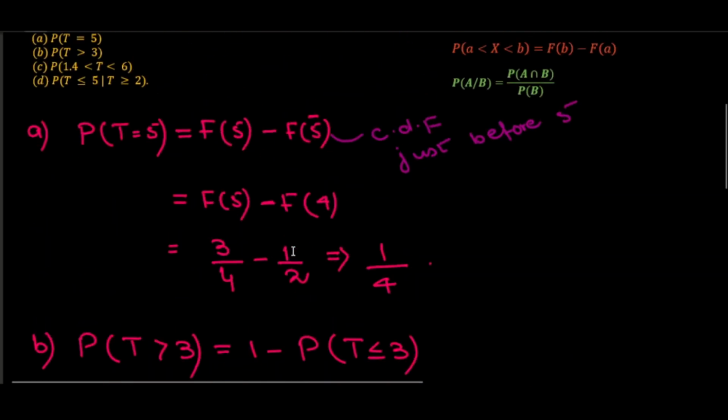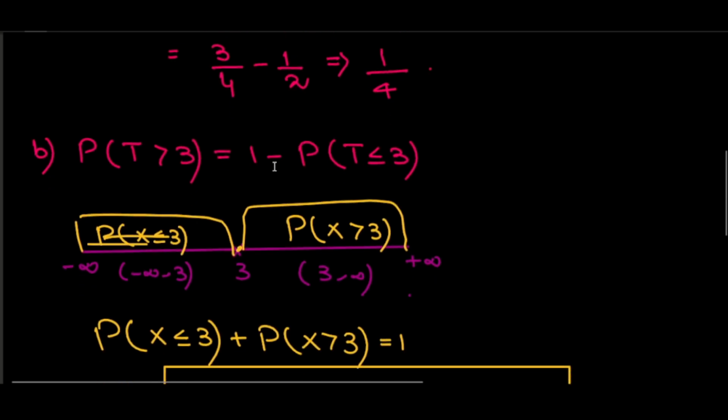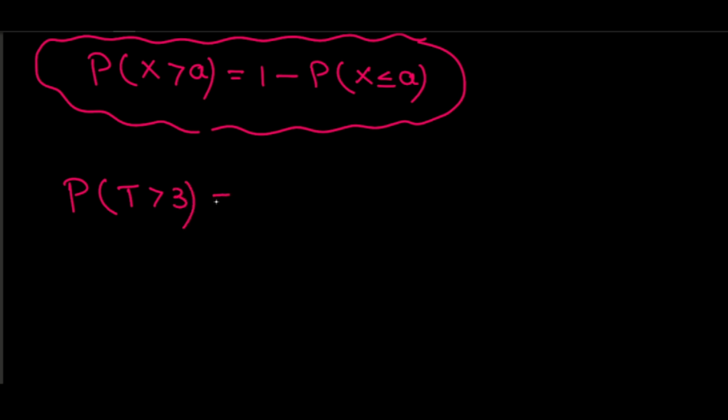So whenever the probability is T greater than 3, I can write 1 minus the probability of T less than or equal to 3. Again, I rewrite this expression here. The probability of T more than 3 is equal to 1 minus the probability of capital T less than or equal to 3, right?